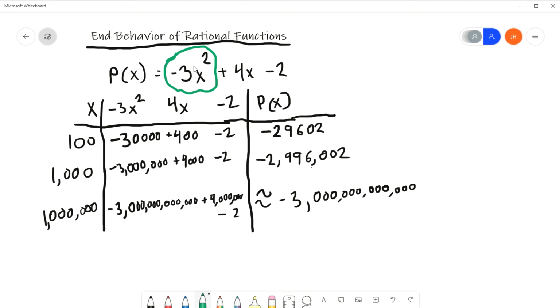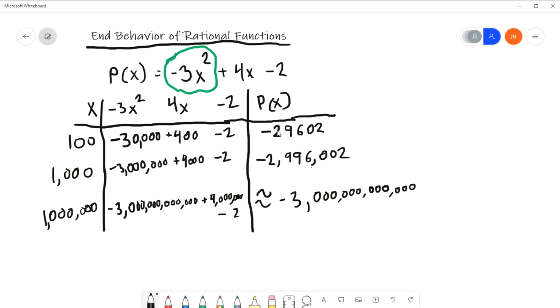As a quick recap of why that happens, I just want to direct your attention to this table. So here is a table of x values compared to them plugged into this function p of x. If I plug in large x values, like say 100, I get negative 30,000, plus 400, minus 2.